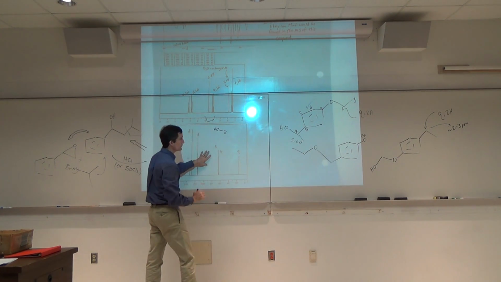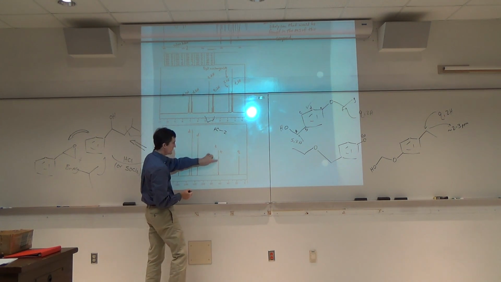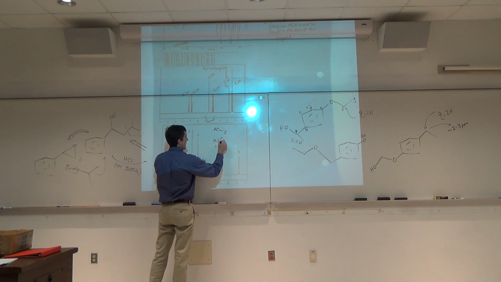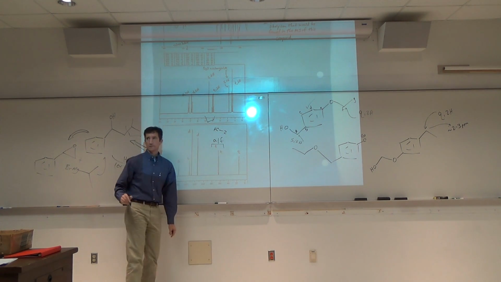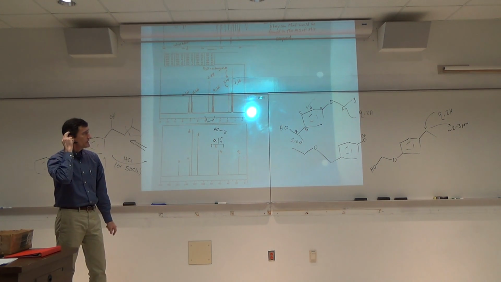Which one is A? Might be a little bit difficult. What are these two here? Probably A and F. This is A and F. I don't know which is which. They're right on top of each other almost. They both be, if we had splitting, would they both be triplets?